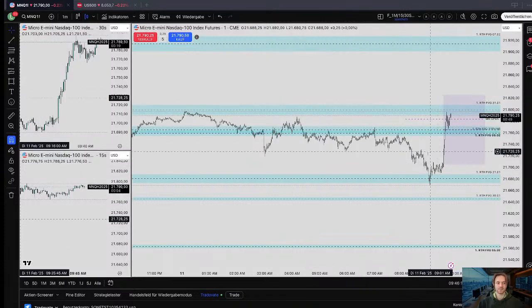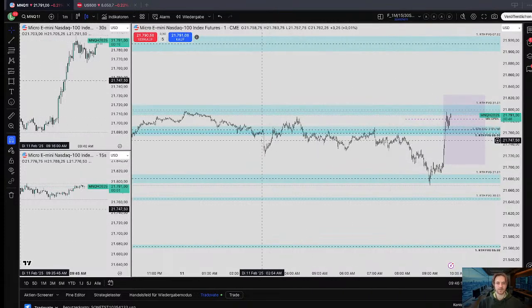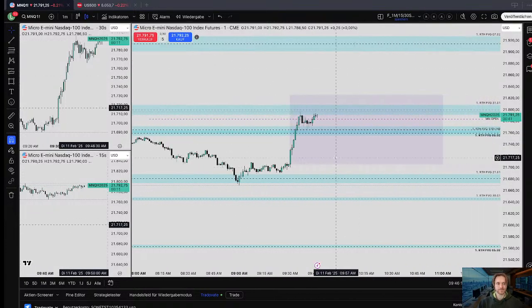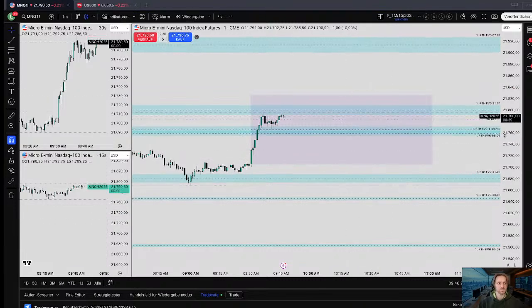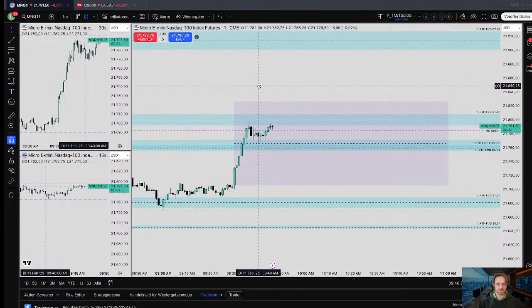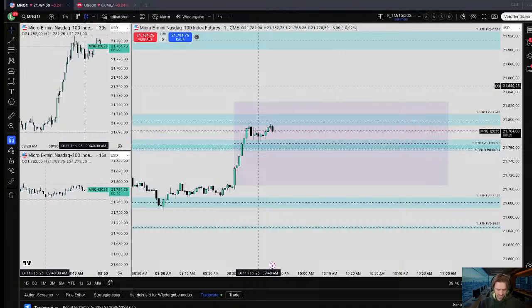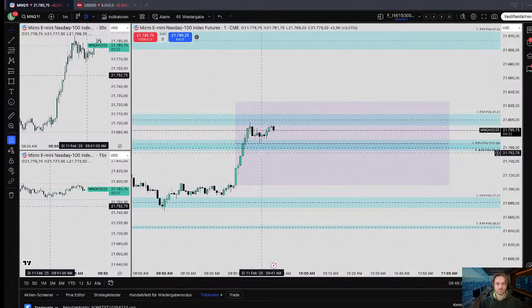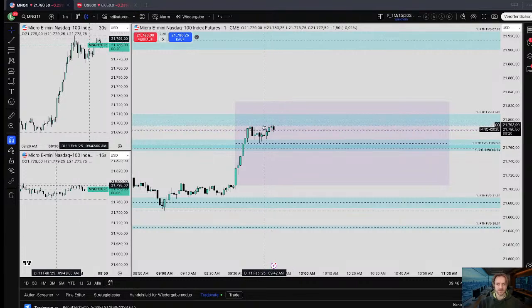That's a strong up move here. So we've been rejected again on the real-time hour fair value gap of the last day of January.